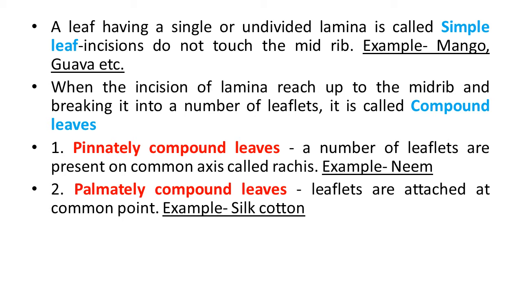But in palmately compound leaves, the leaflets are arranged at a common point. One example is silk cotton. So this way leaves are classified mainly into two types, first simple leaf and second compound leaf. Compound leaf is further divided into two types, pinnately compound leaves and palmately compound leaves.